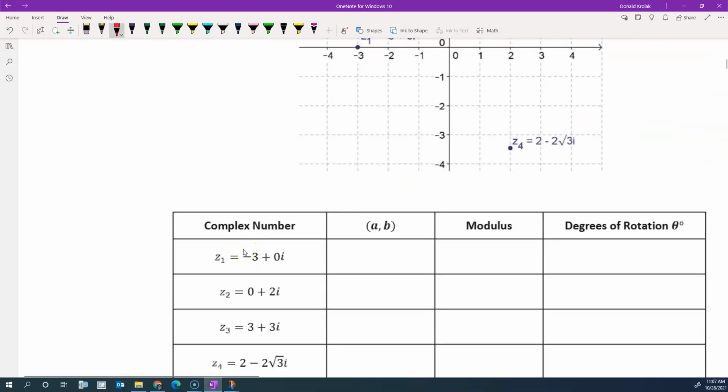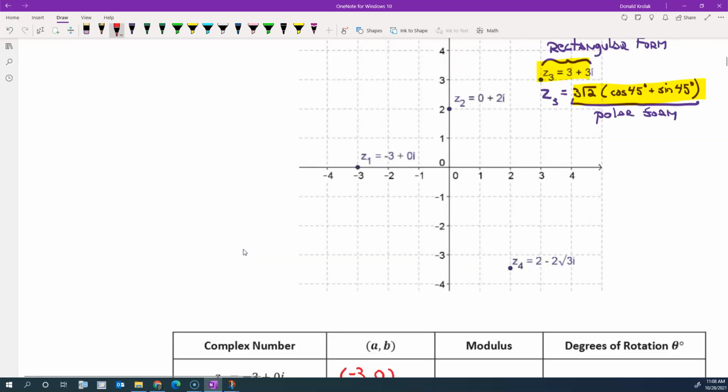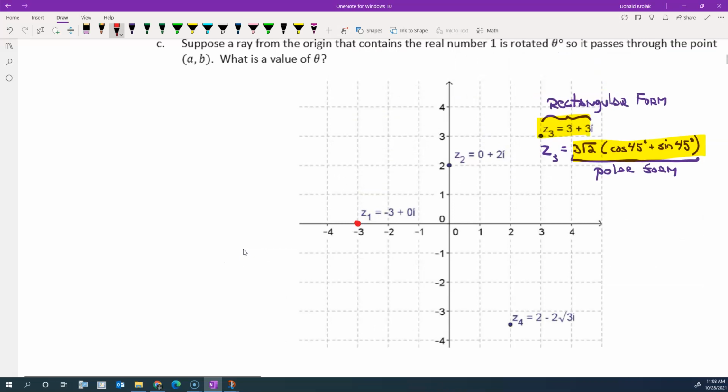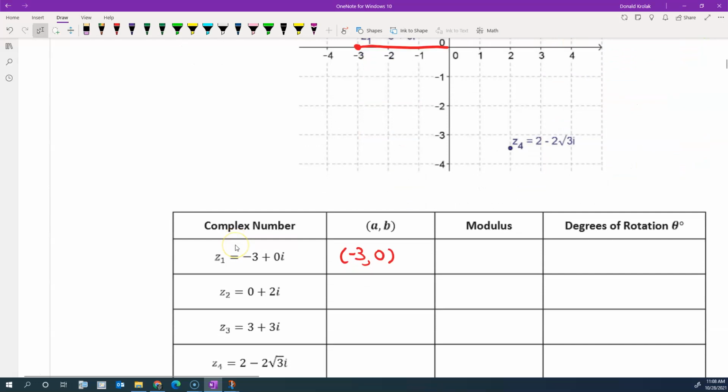Okay. So now, if I take this complex number, its rectangular form would be -3, 0. Okay, so that's this point right here. This is its modulus. So its modulus is 3. That's easy.